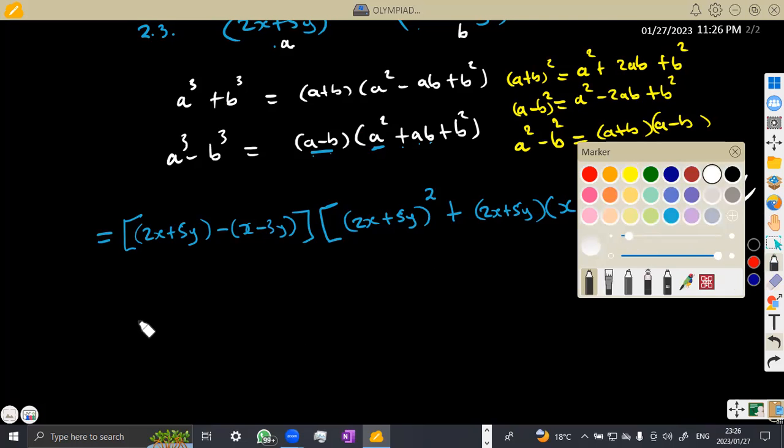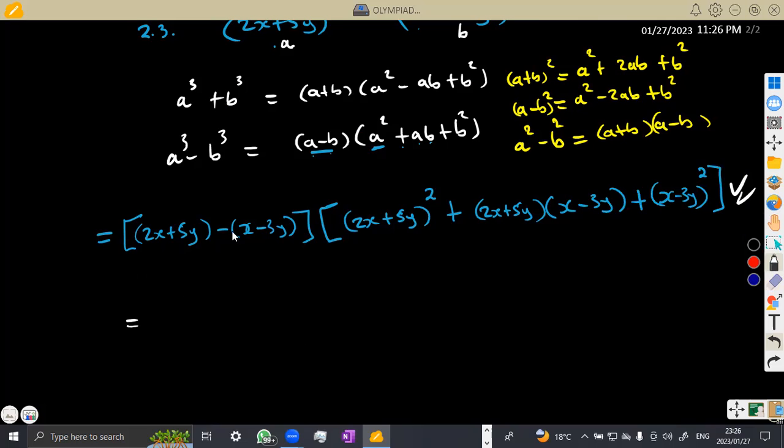If we were to expand, this was going to be 2x minus x here, minus, which is plus 3y like that. So you're going to collect like terms, which is 2x minus x, that's x, 5y plus 3y, which is 8y, in one bracket, into this part 2x plus 5y squared. So you're going to apply this identity, a plus b squared.